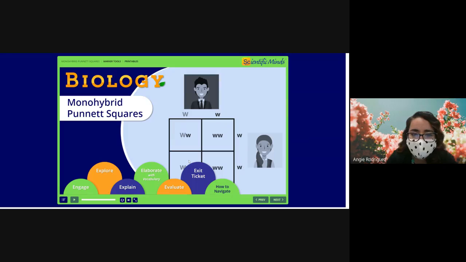This is going to show me more or less how the couple here, for example, this guy and this girl, what kind of children they're going to have depending on their traits, right? So that's what a monohybrid cross is, and this lesson is about. It's all about traits and how they are passed down from mom and dad to their offspring or children.